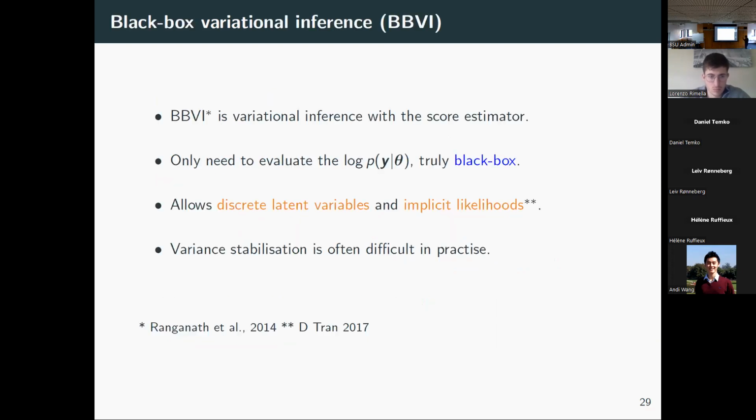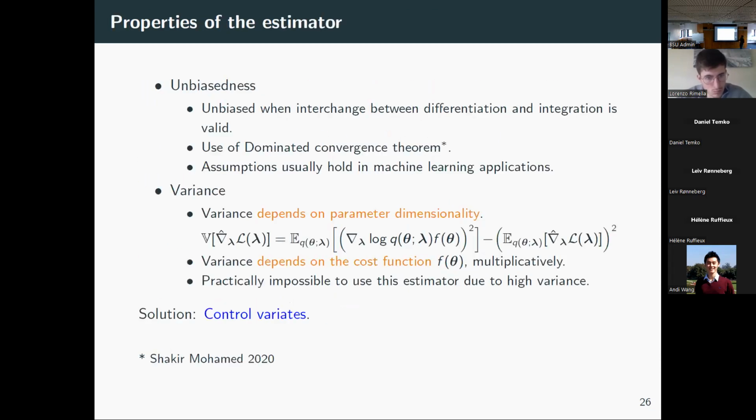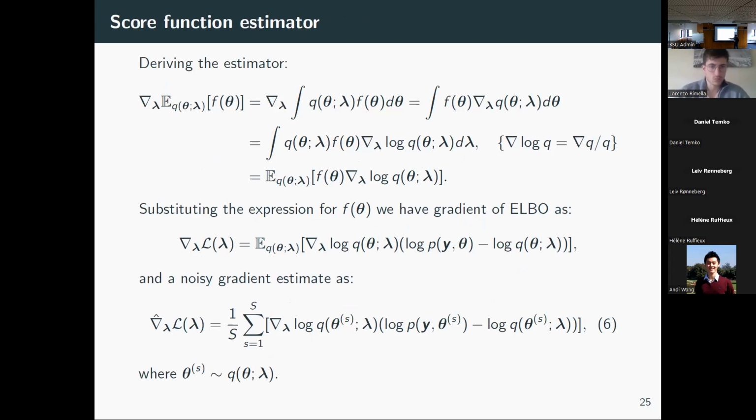Okay, so this algorithm, when you have variational inference using the score estimator, is generally called black box variational inference. Why is it called black box variational inference? Because if you look into this, you just need a likelihood model, or a probabilistic model where you can just evaluate the density, that's it. Now, some of you, or people who are interested in SMC, might ask: can I plug in some sort of unbiased estimate?